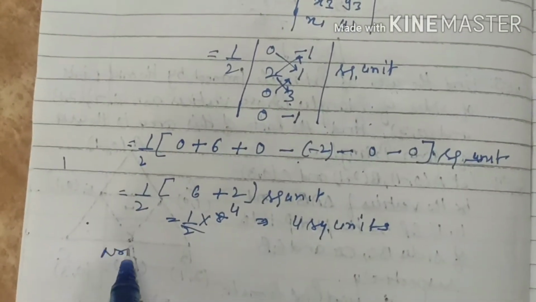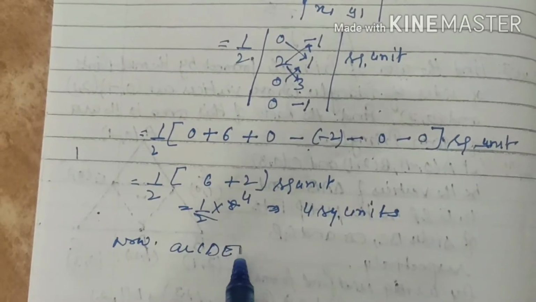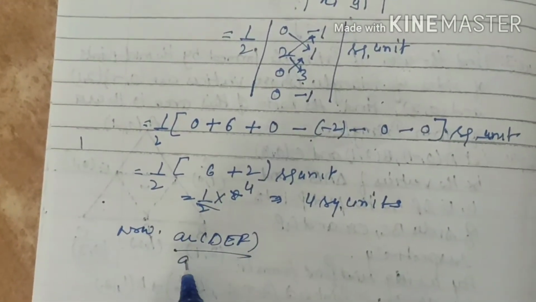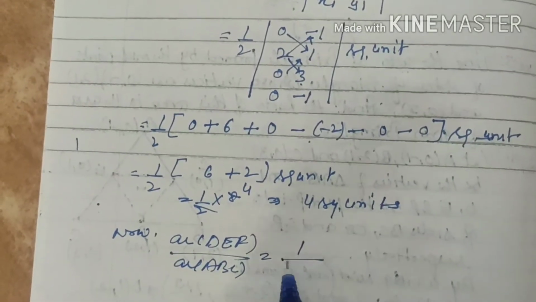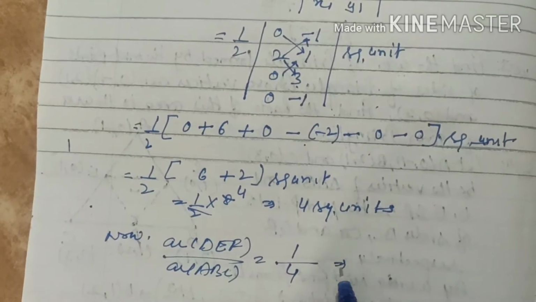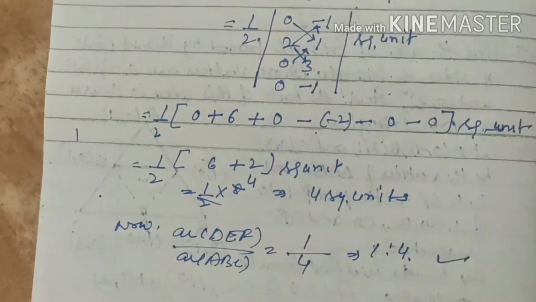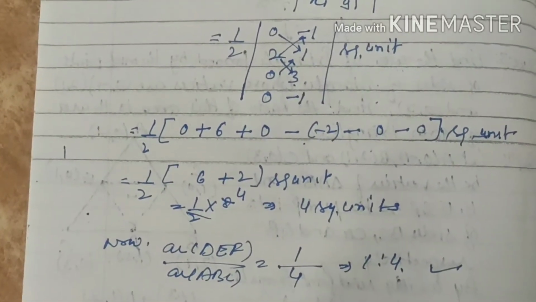Now we have to find the ratio of the area of triangle DEF to the area of triangle ABC. The area of triangle DEF is 1 square unit and the area of triangle ABC is 4 square unit. So the ratio will be 1:4. This is the required result. So pause the video and note it down.